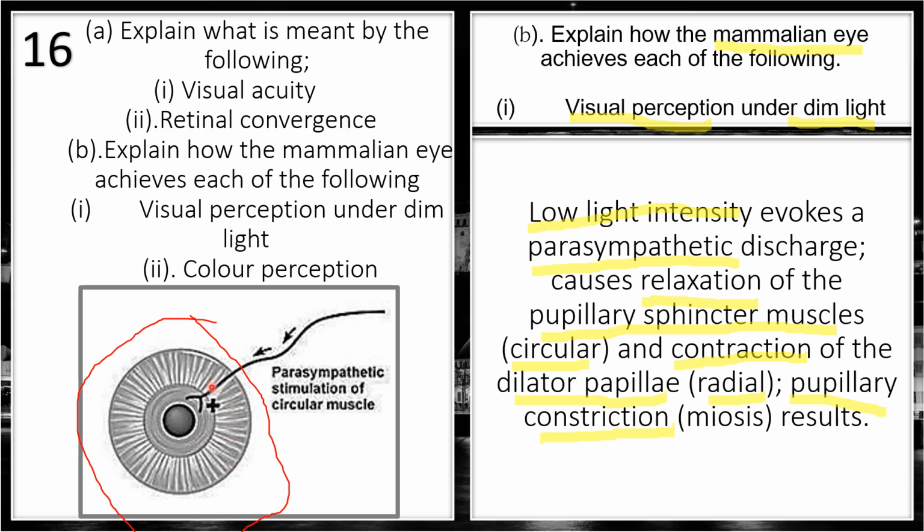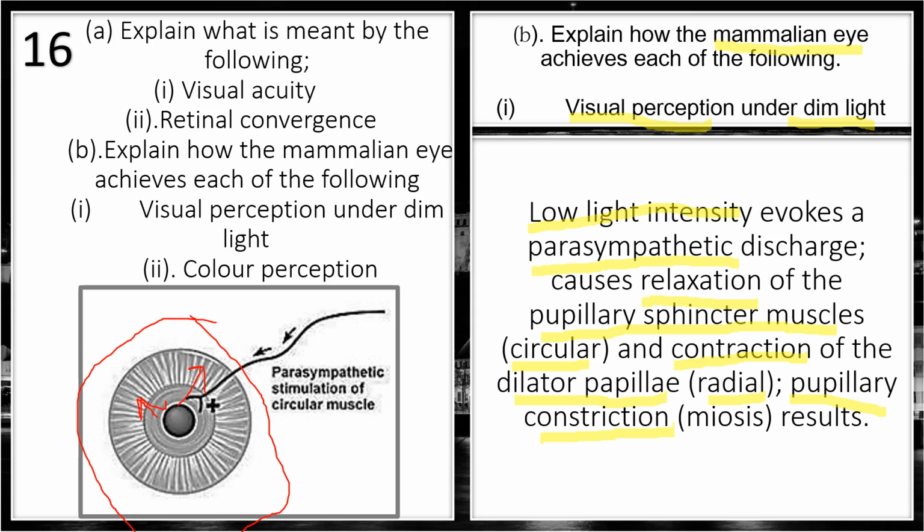So under low light intensity, the parasympathetic is going to stimulate the circular muscles to relax. And when they relax, they will be moving outwards. That means that they are relaxing.